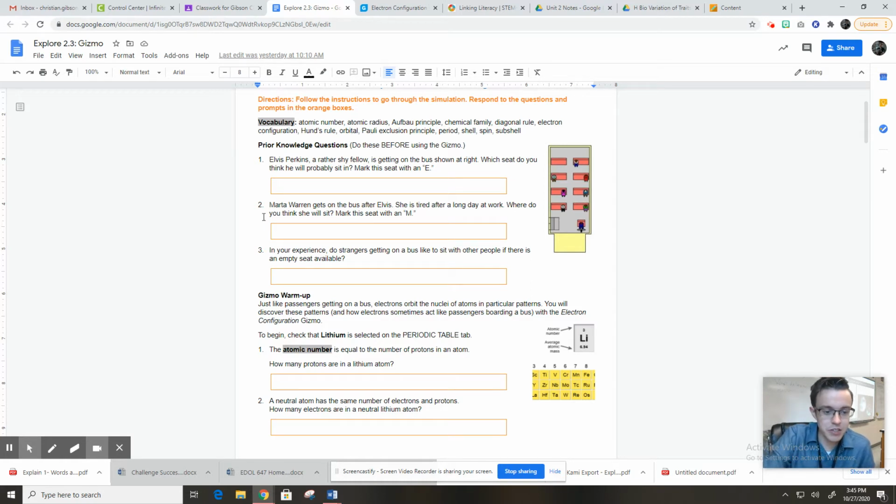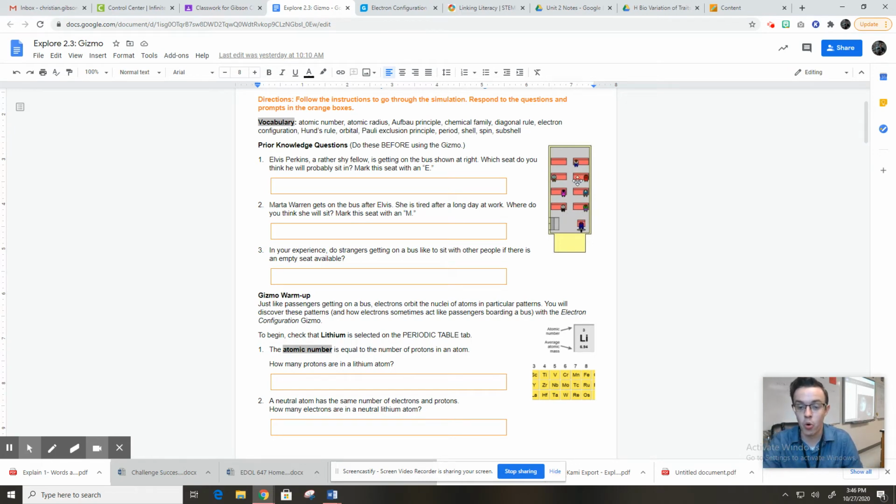Okay. It says Marta Warren gets on the bus after Elvis. She is tired after a long day at work. Where do you think she will sit? Well, Elvis is here, so now there's 1 person in every seat. And Marta is going to walk in, and she's tired after a long day of work. So I'm willing to bet she's going to sit in one of these front seats here. That's another property of electrons: they will always fill up from the lowest energy level, which the front of the bus represents, and they go from low to high, or further back on the bus.